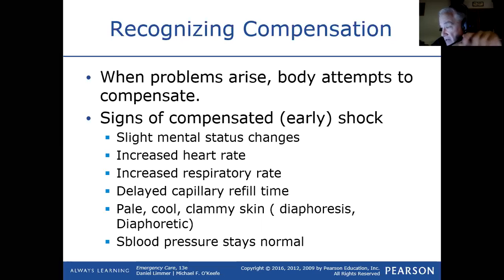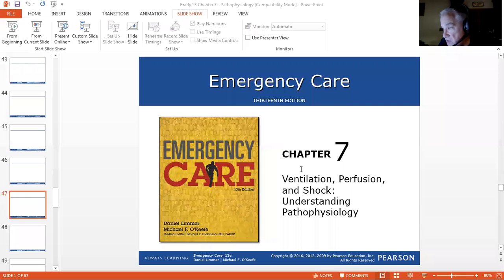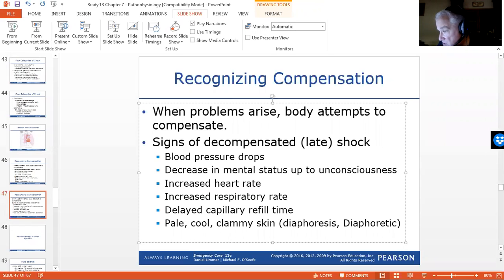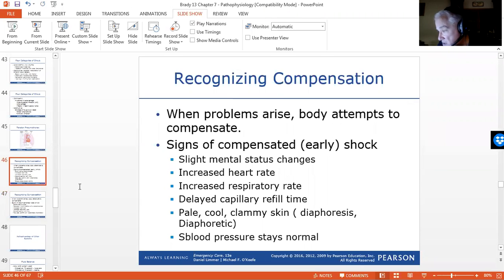So the term diaphoresis or diaphoretic is the way in medicine we describe a cool, clammy, not normal skin, right? So it's never normal for somebody to have a cold sweat unless there's an explainable reason why somebody has that cold sweat, like they were scared.